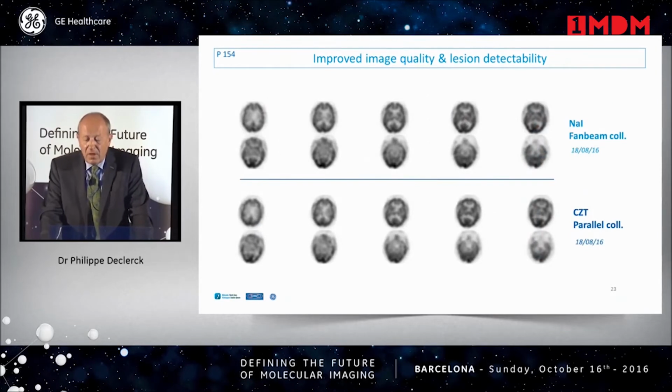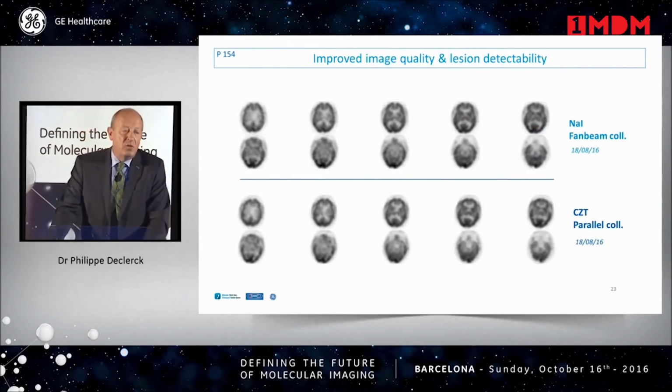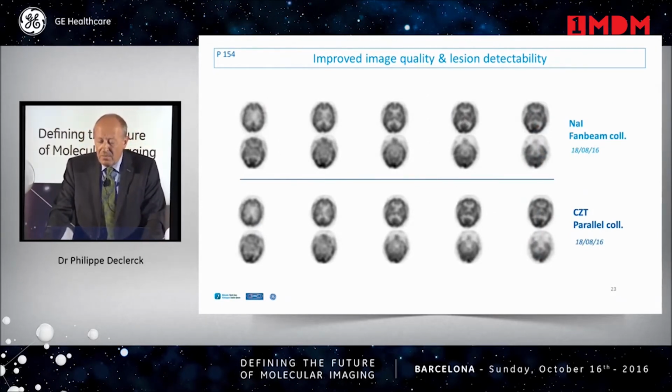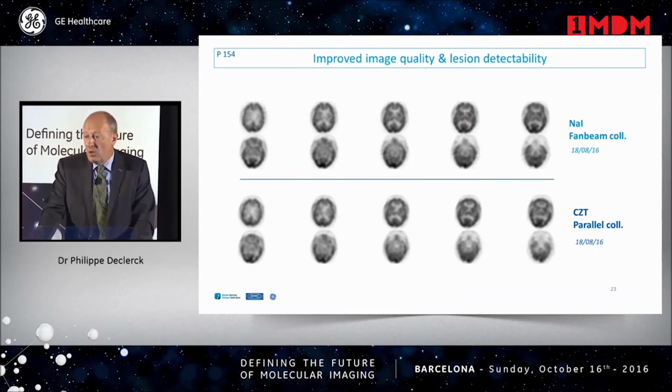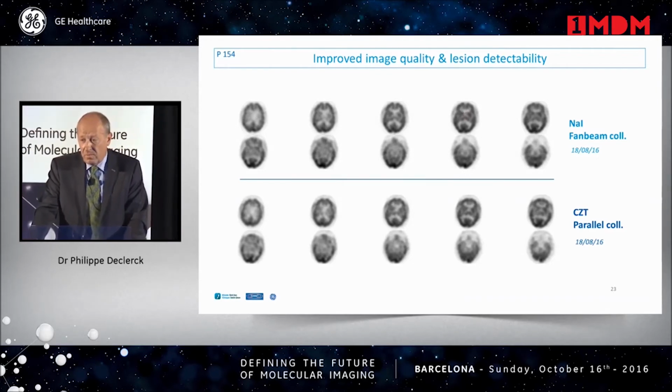Brain study. Above we have a brain study done with sodium iodide. It's a beautiful image. Why? Because we use a fan beam on our gamma camera. The row under is with the CZT digital images done with parallel hole and faster.